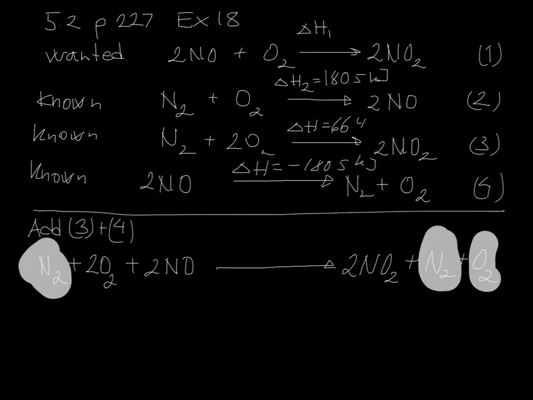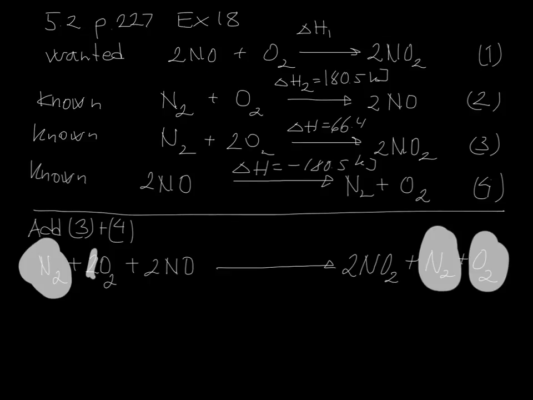Here we have one oxygen, and here we have two oxygen, so we can actually cancel one oxygen there. What we have left now is one oxygen reacting with 2 nitrogen oxide, giving 2 nitrogen dioxide. Exactly the same as in the wanted one.